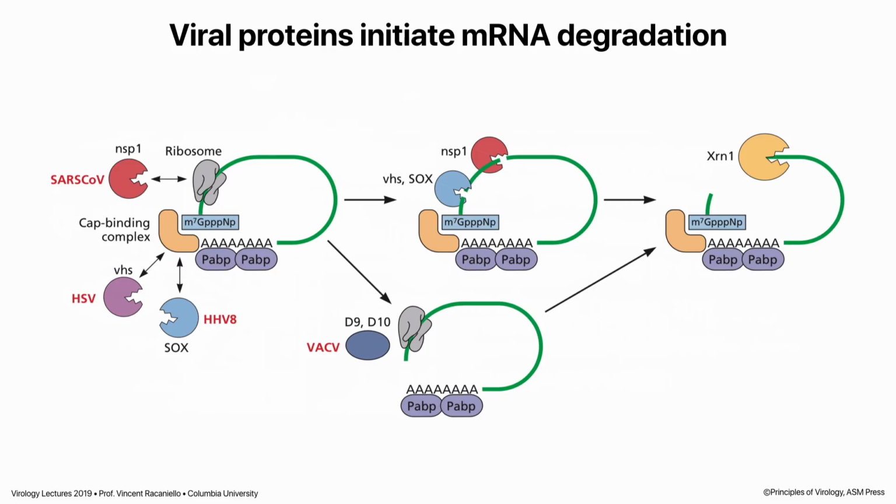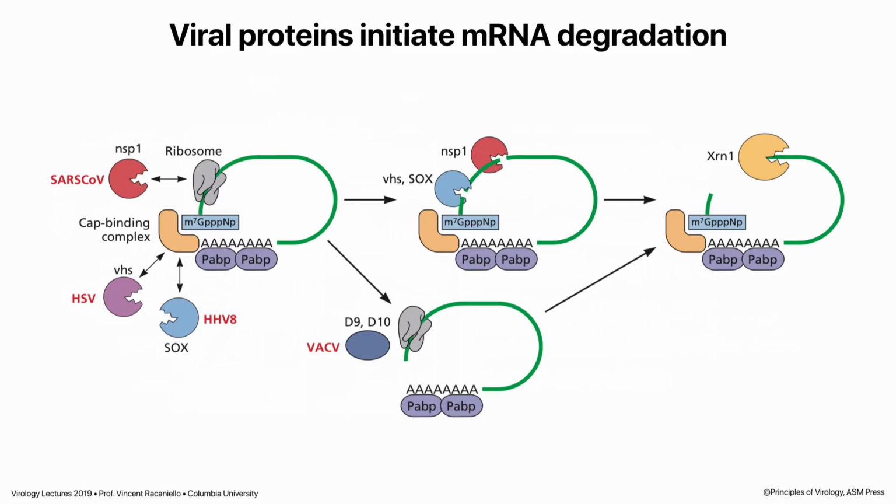So I just told you about cell proteins that degrade RNA, but many viral genomes encode proteins that degrade cellular RNAs. Again, to get rid of cellular RNAs, to have all the ribosomes to you. And here are a bunch of them on this slide. And the viral proteins are shown in red.